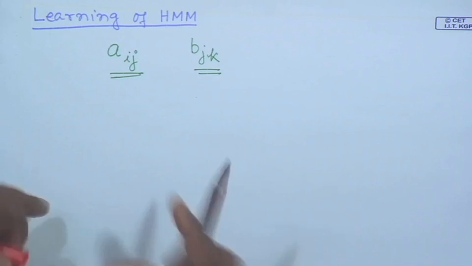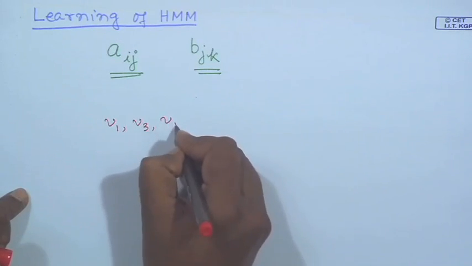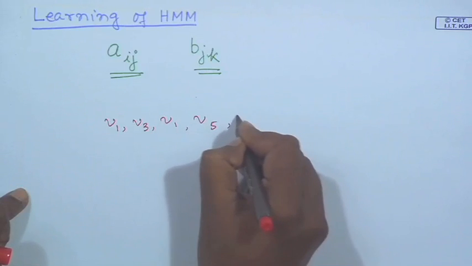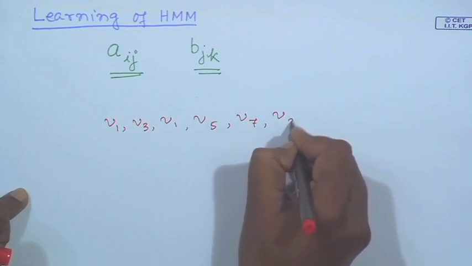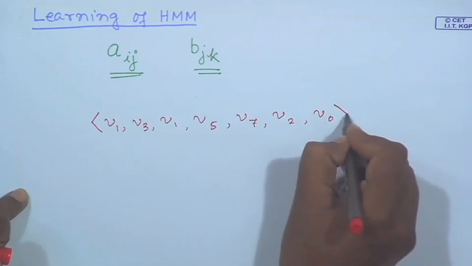So, if I have a set of visible symbols like V1, V3, V1, V5, V7, V2, V0, suppose this is the sequence of visible symbols.